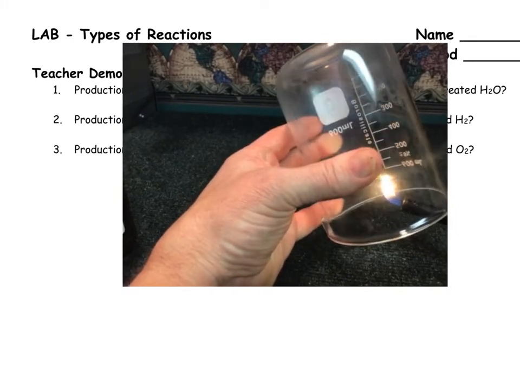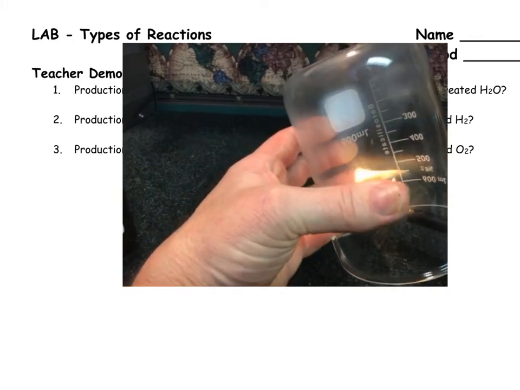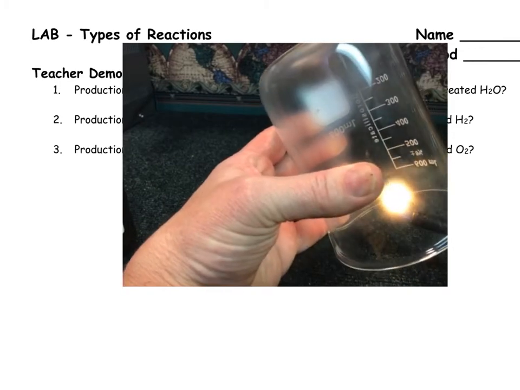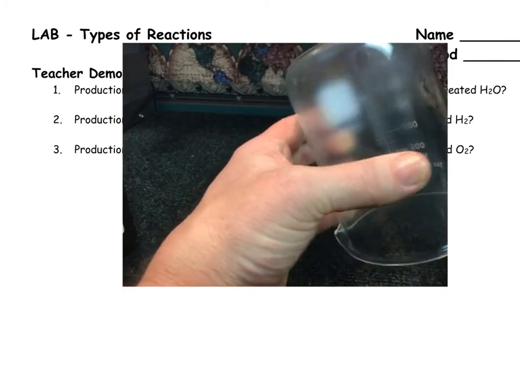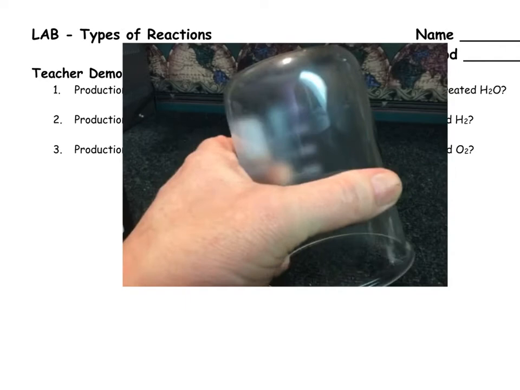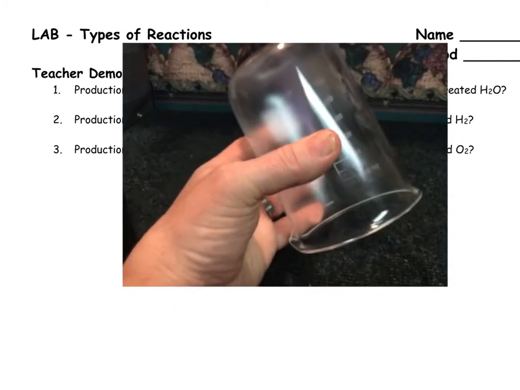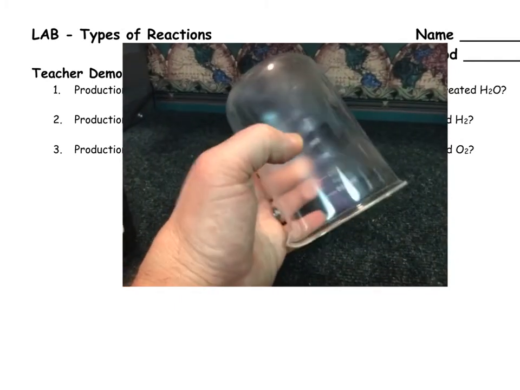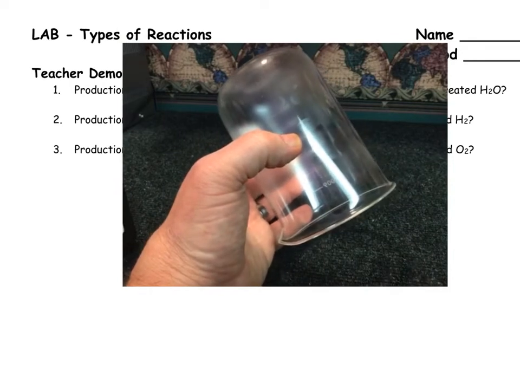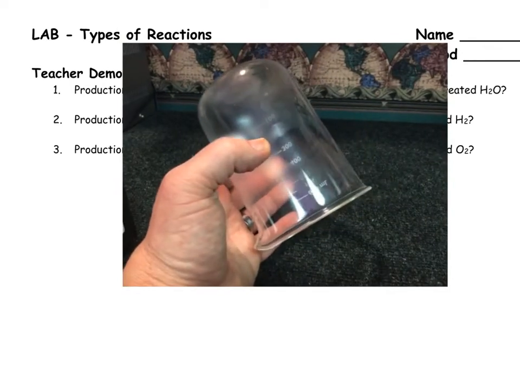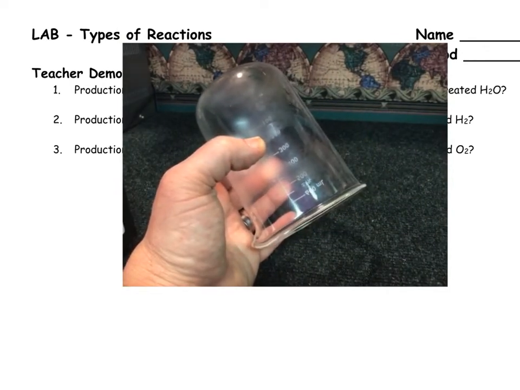And what we notice is that condensation starts to occur on the inside of the beaker. That condensation, that fog that you see, is water vapor condensing on the inside of the beaker. So that's a way that we can test that a chemical reaction is giving off water vapor.